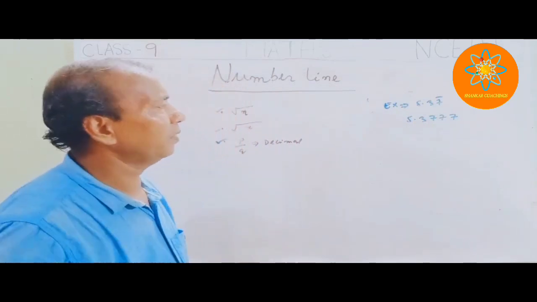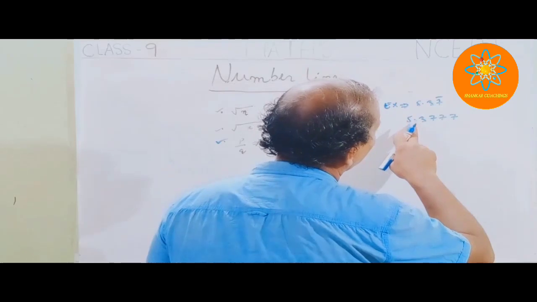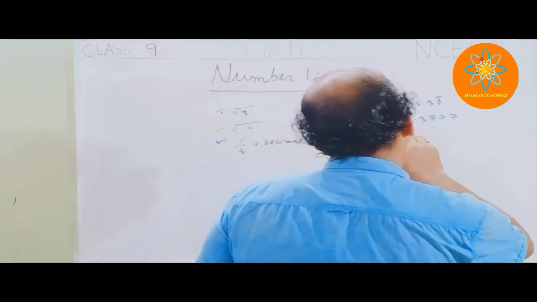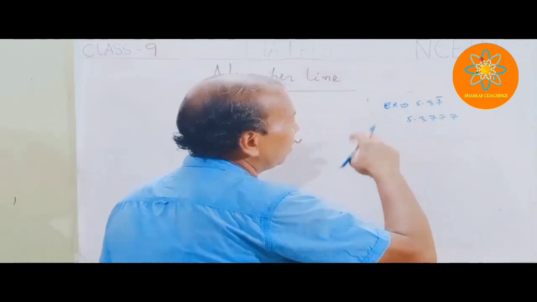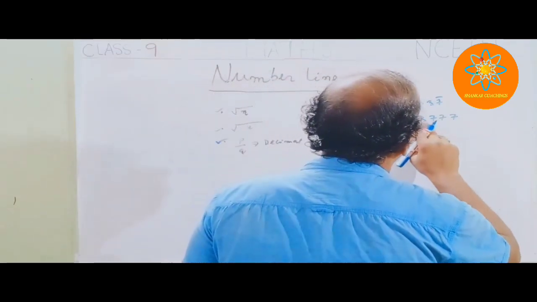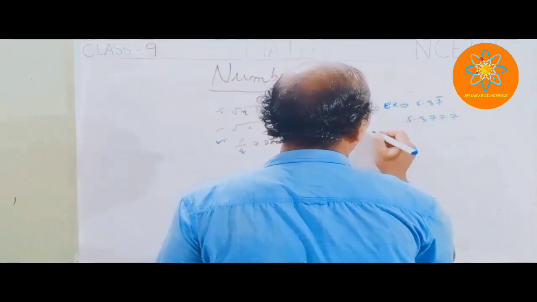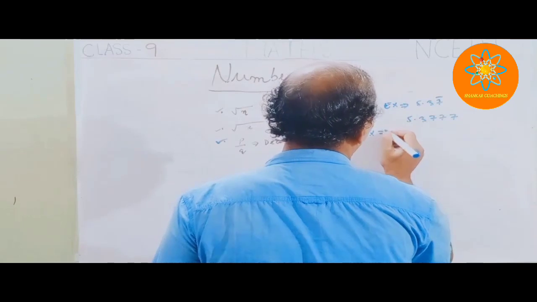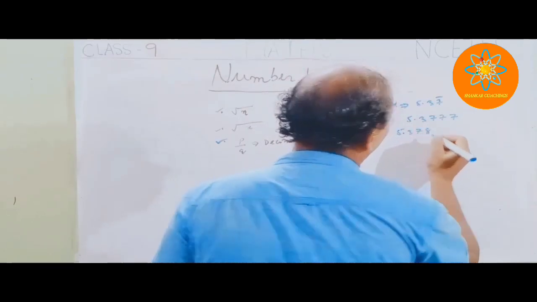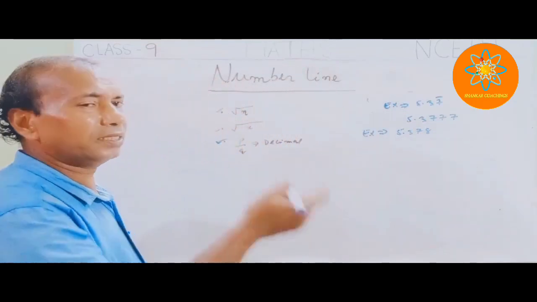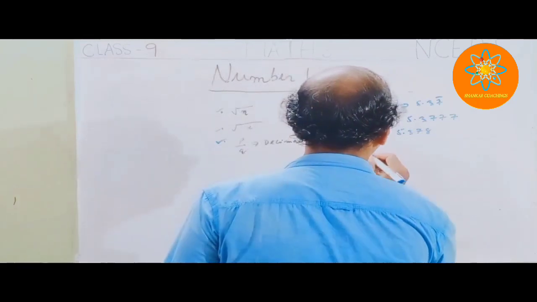Let us suppose I am interested in 2 digits after the decimal, so it will be 5.38. If I am interested in 3 digits, it will be 5.378. So representing this on a number line, how will I do it?